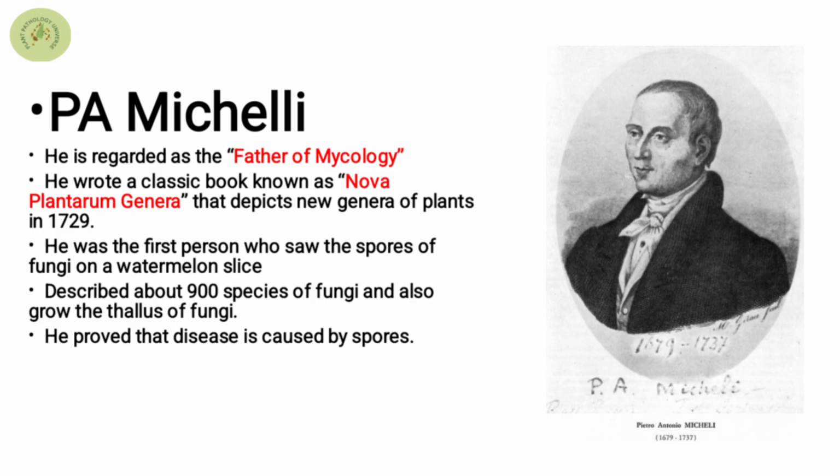So basically he is a renowned person who started this field of mycology, and that is why he is regarded as the father of mycology. Always remember who is the founding father, who is the father of systematic taxonomy, father of phytobacteriology, father of mycology, because these are the most commonly asked questions, and these are questions of most importance. Okay, so that is about P.A. Micheli.